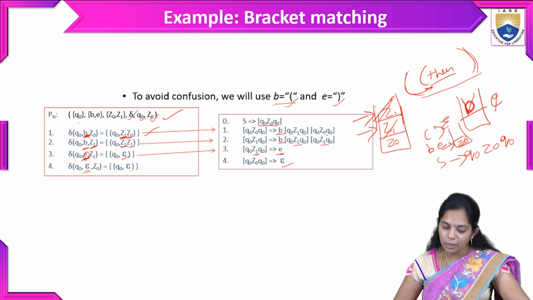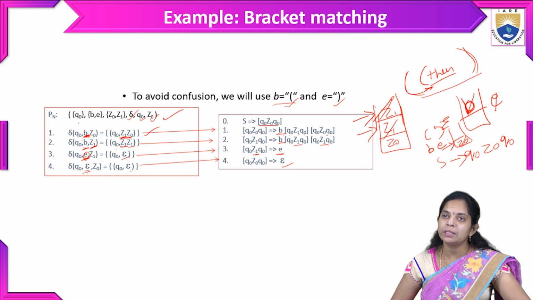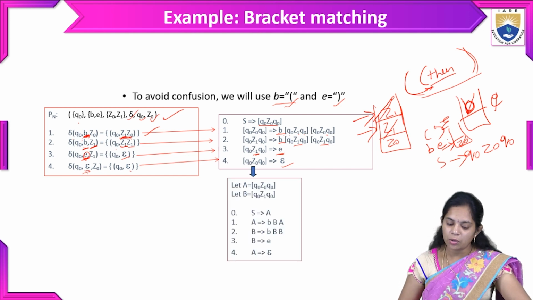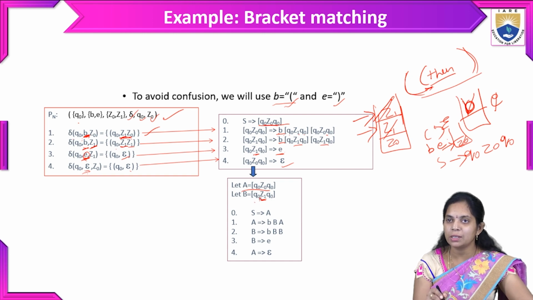So we will name this Q0, Z0, Q1. And instead of writing the whole thing, we will replace it with the V symbols. V symbols are nothing but non-terminals. So here non-terminals A and B: A is nothing but this one and B is nothing but Z1. In between only one state we are taking, that is Q0.